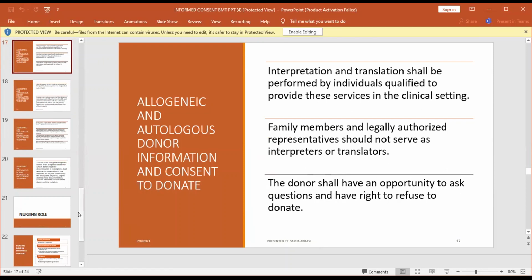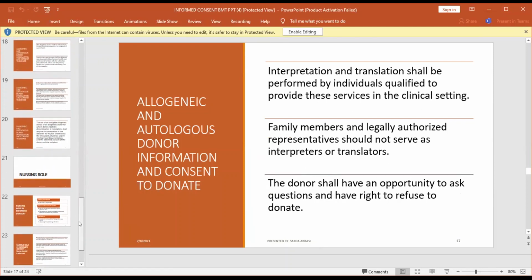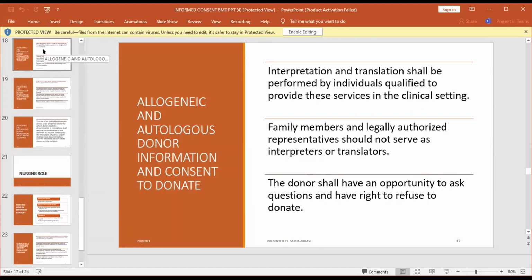The donor must have the opportunity and be encouraged to ask all questions he or she feels necessary, and detailed, accurate, and non-coercive answers given.